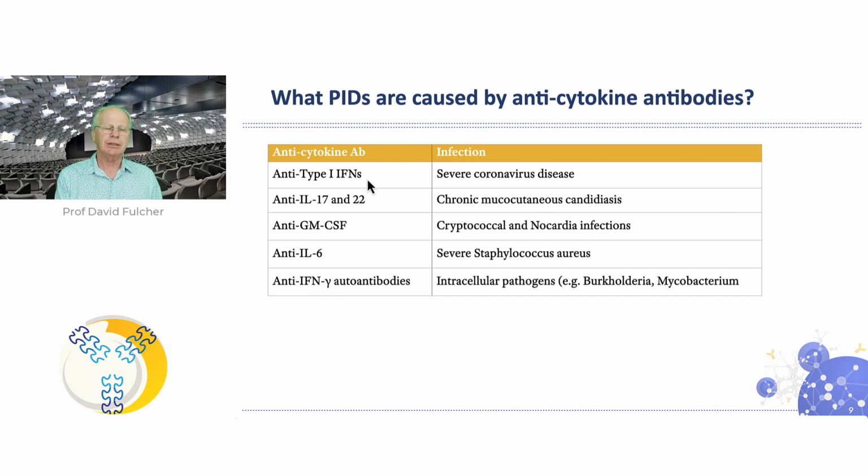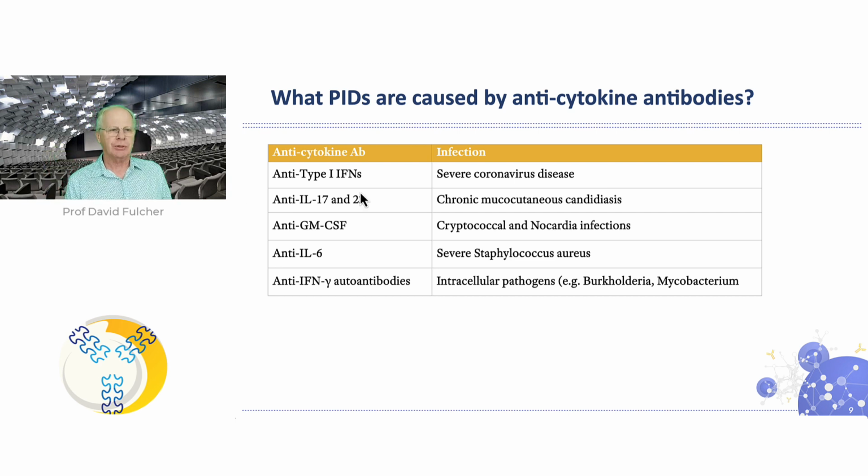So in the course we talk about type 1 interferon, important in that initial innate protection from viral infection, and it has been found that anti-cytokine antibodies directed to type 1 interferons are part of the story of patients who have severe SARS-CoV-2, severe coronavirus disease, and there are some genetic deficiencies of that pathway which also predispose to bad SARS-CoV-2 infection.